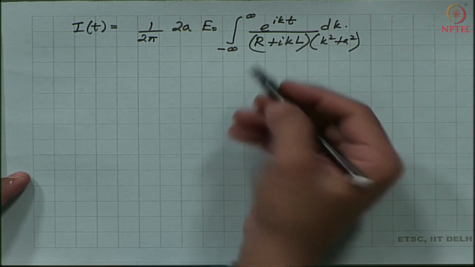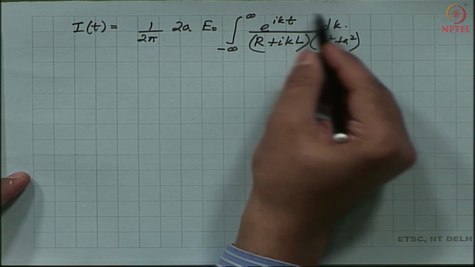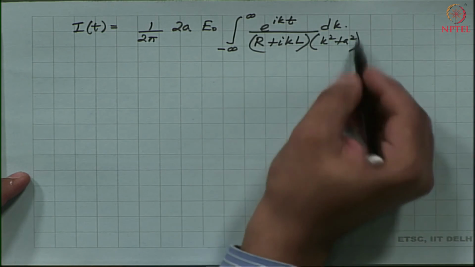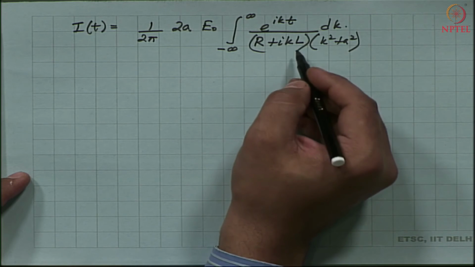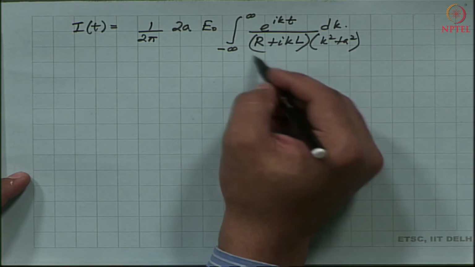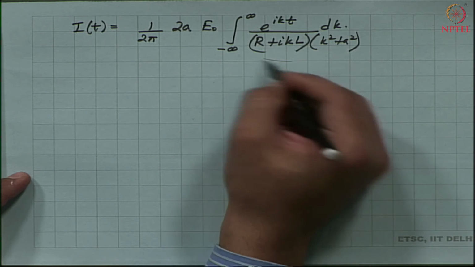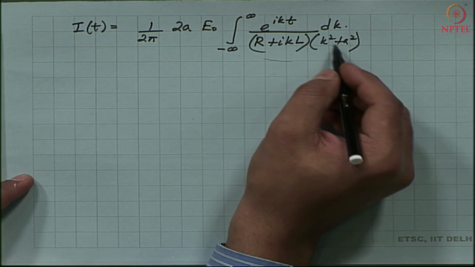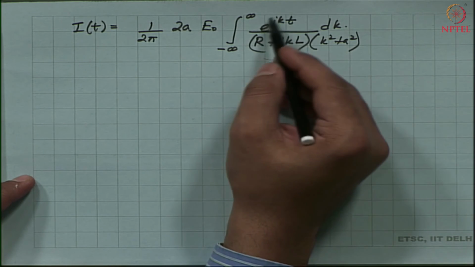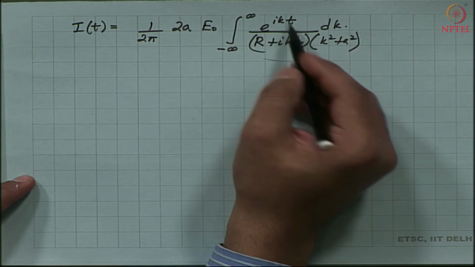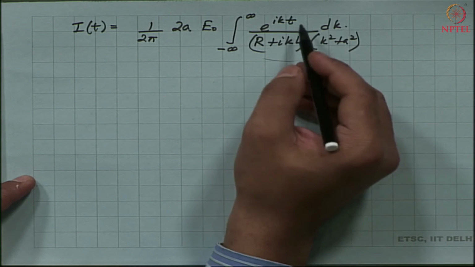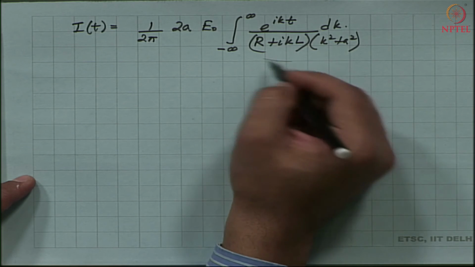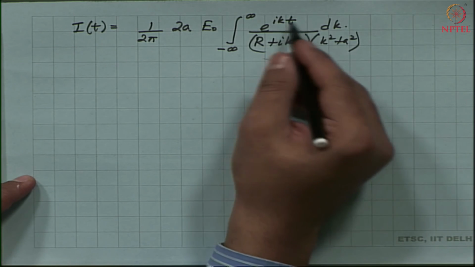So, notice that if I were to take the absolute value of this integrand, then on the numerator I am going to get 1, and the order of the polynomial in the denominator will be 3. So, one of the conditions, that the polynomial order of the numerator should be less than that of the denominator, is quite satisfied.